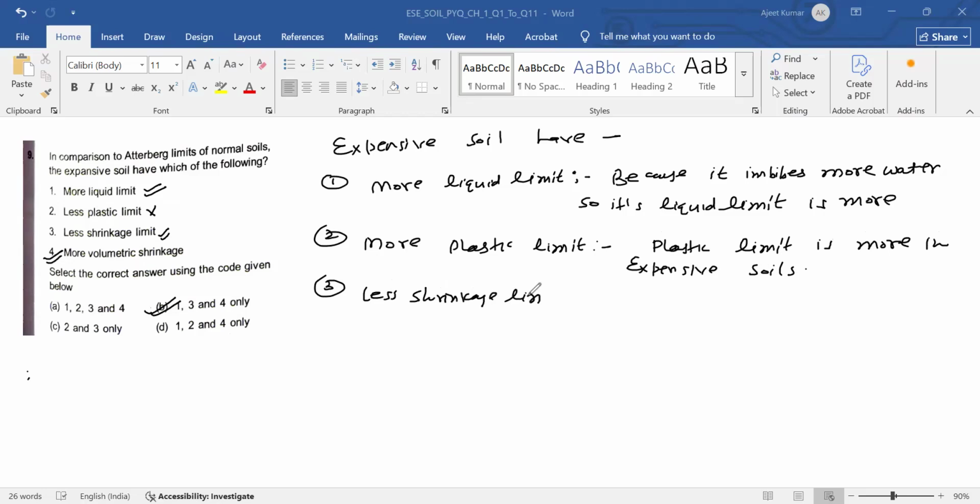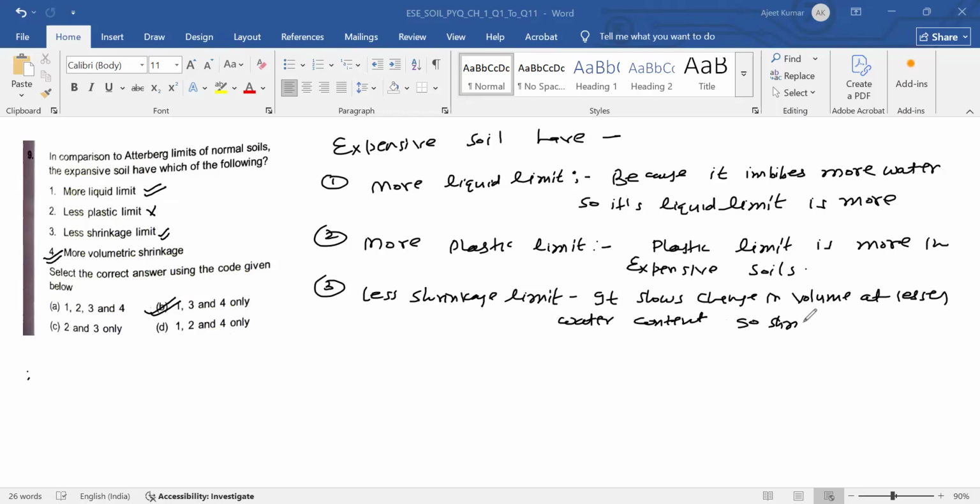It shows change in volume at lesser water content. So shrinkage limit is less.